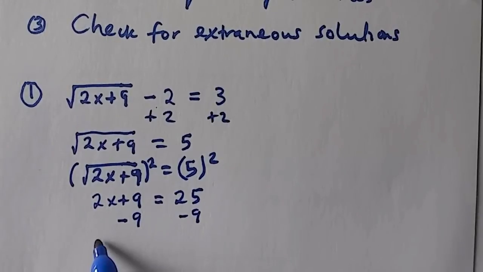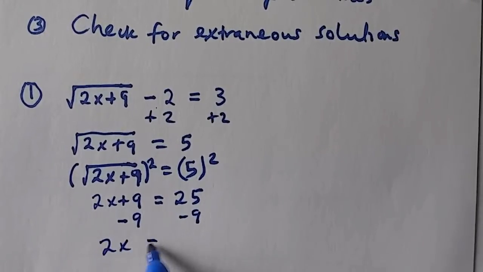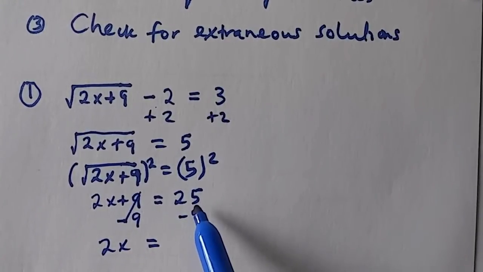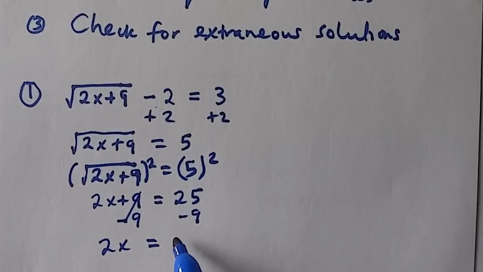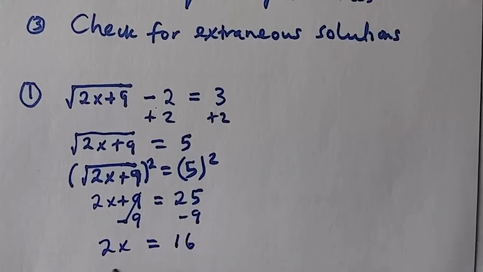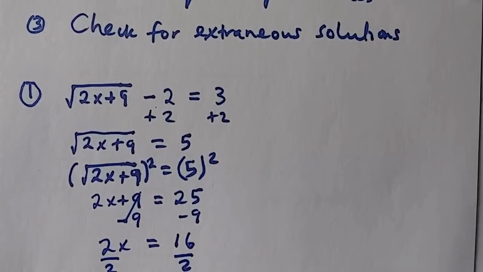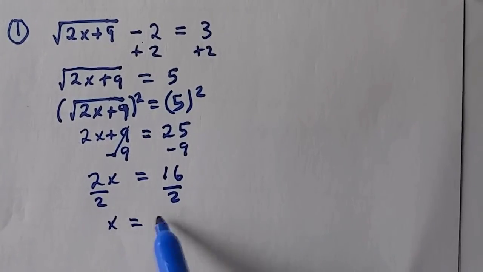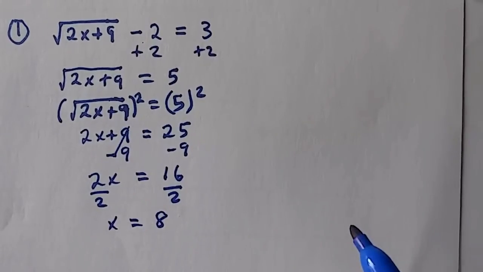We're going to have 2x equals 25 minus 9, which is 16. And then we divide both sides by 2, and that will leave us with x equals 8. Now we need to check.